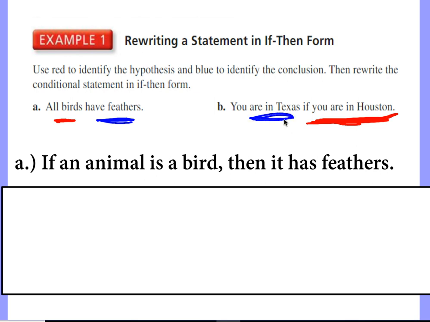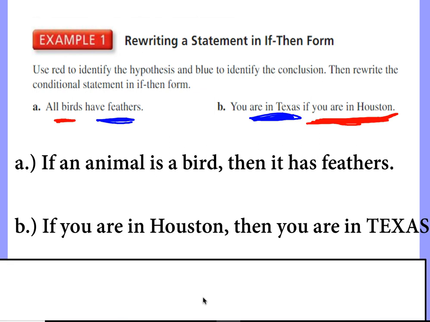Well, then you are in Texas. So if you are in Houston, then you are in Texas. So that is an example of how we identify our hypothesis and our conclusion in a conditional statement format.